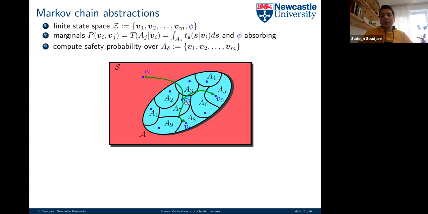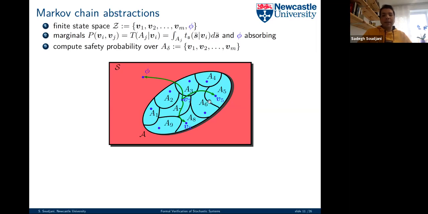For example, if I want to compute the probability of jumping from V7 to V5, I take the integration of the density function initialized at V7, conditioned at V7, and then the integration over A5. So I have to do it for all the pairs of discrete states.